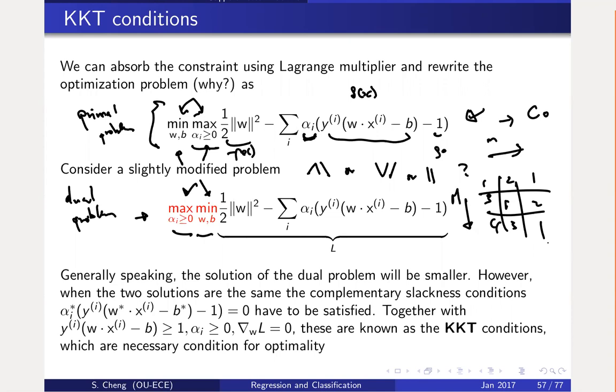If I do minimization first, I get 1, 1, 1 here, and then I do maximization, and the maximum value is 1. That's the second case here. Now, if I do maximization first, I will have 4, 2, 2, and then I do minimization, and we get 2.